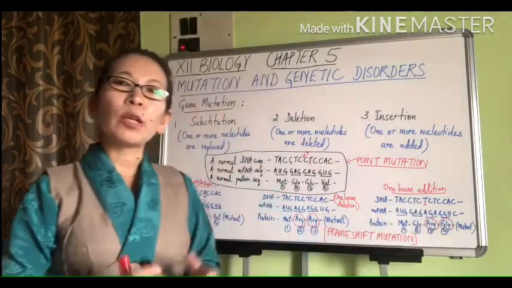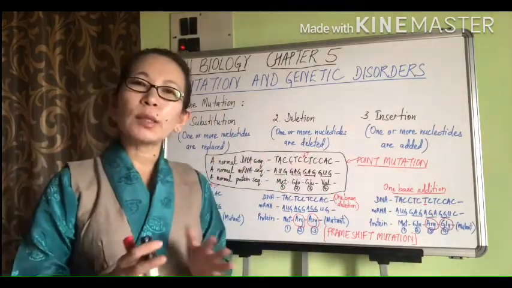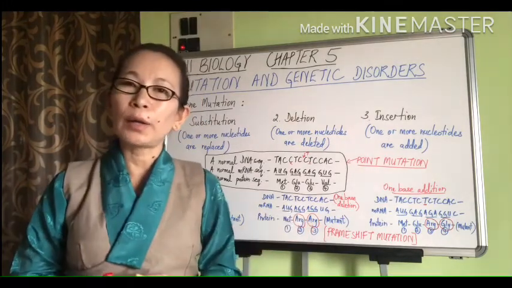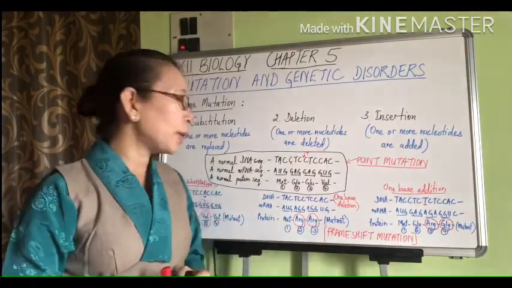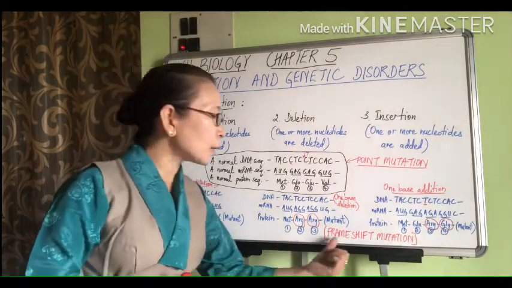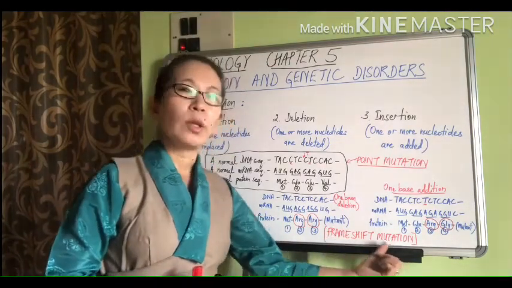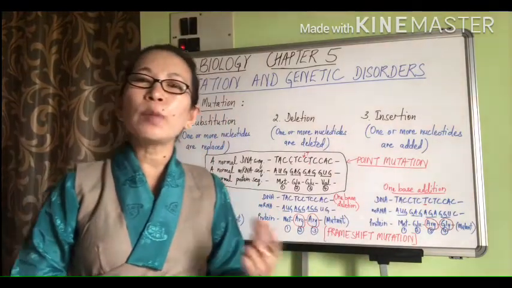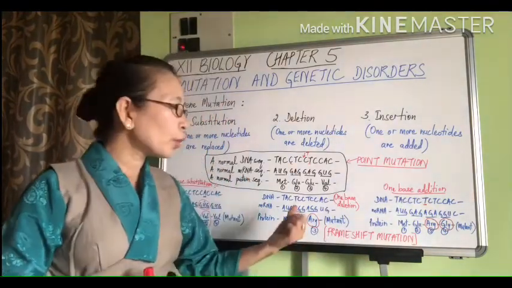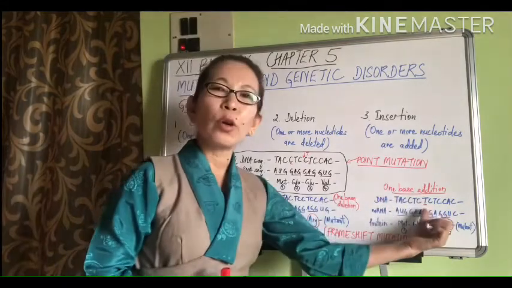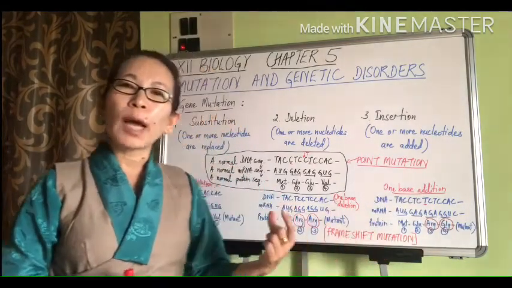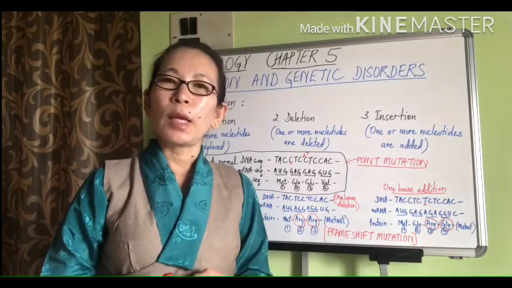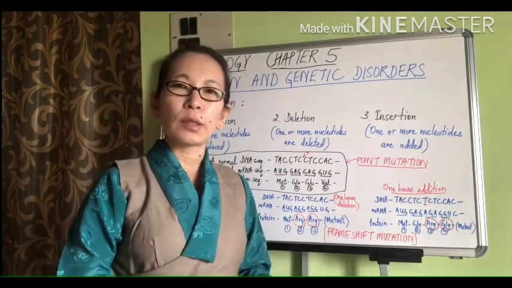And such kind of mutation which causes some kind of a change in the reading frame of the mRNA or reading frame of the base sequence is referred to as frameshift mutation. So deletion and insertions are two examples of frameshift mutation, because from the point of deletion or from the point of insertion, we find that the reading frame of the base sequence or the reading frame of the mRNA codon gets affected.